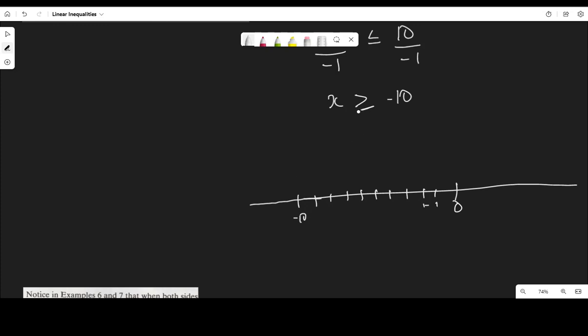Then this is greater than or equal to, meaning negative 10 is inclusive. Negative 10 also satisfies that inequality. So for that reason, we are going to paint the circle and then point an arrow. Anything greater than negative 10 also satisfies that. I point an arrow, all of these numbers down to positive infinity satisfy the inequality.